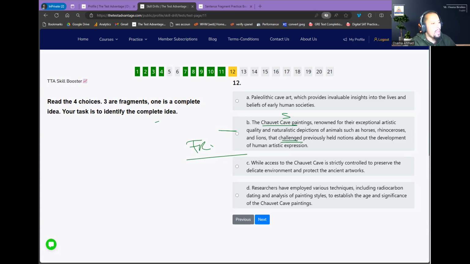Why is answer B a fragment? Because the Carlos, why is B a fragment? I read the sentence and the verb is part of the part that's between commas. The not important part. It didn't give me a meaning.